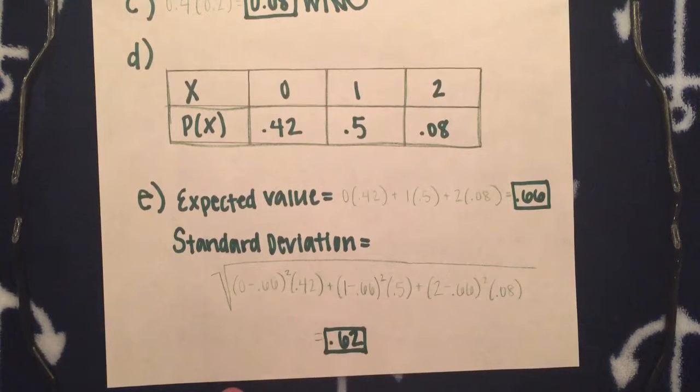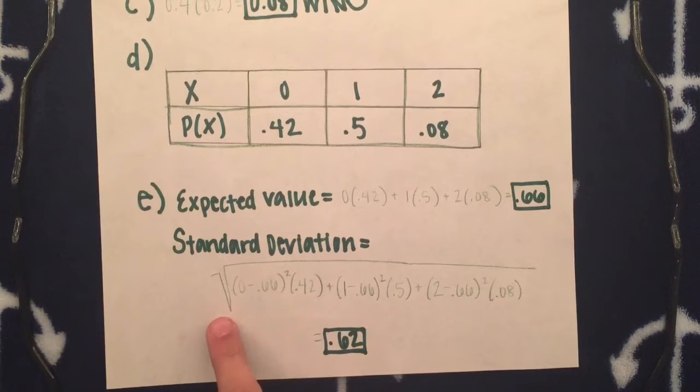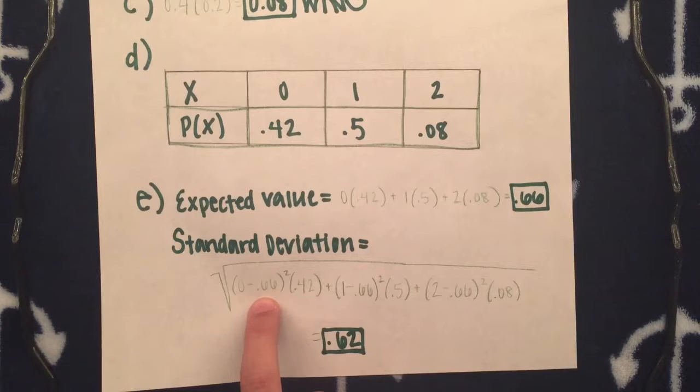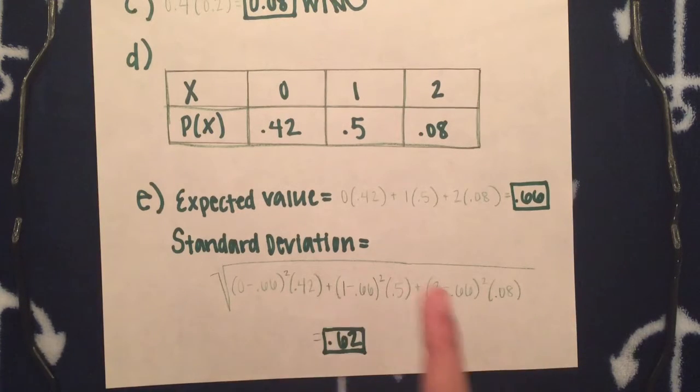And our standard deviation is the square root of the x value minus our expected value, squared times the probability. We just do that until all of the chart numbers are completed.